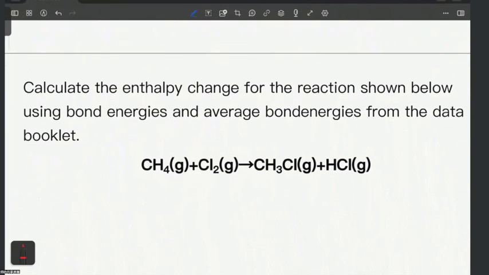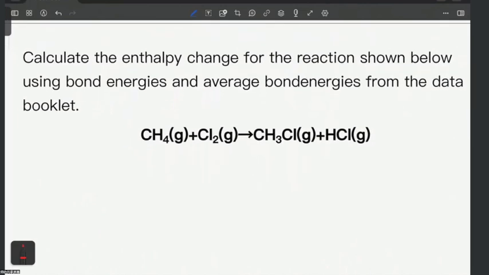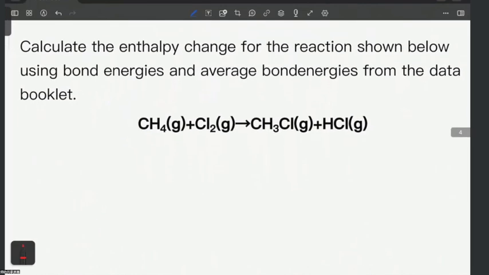We need to calculate the enthalpy change for the reaction. So how do we solve this problem? We first need to draw the displayed formula.